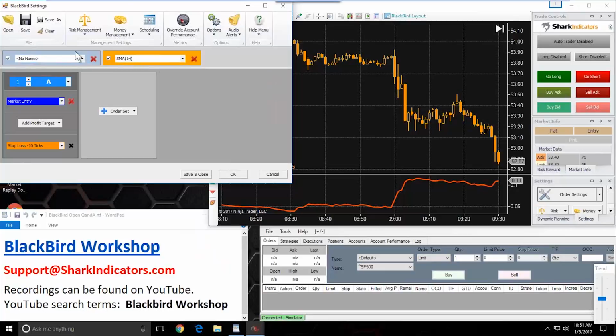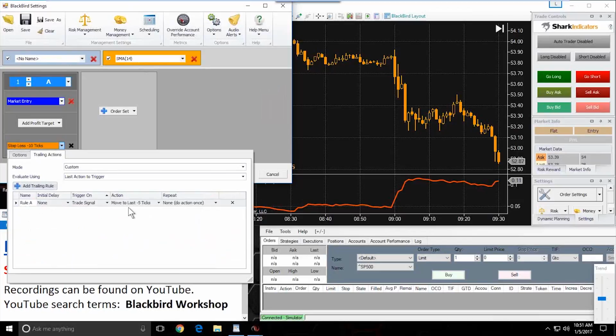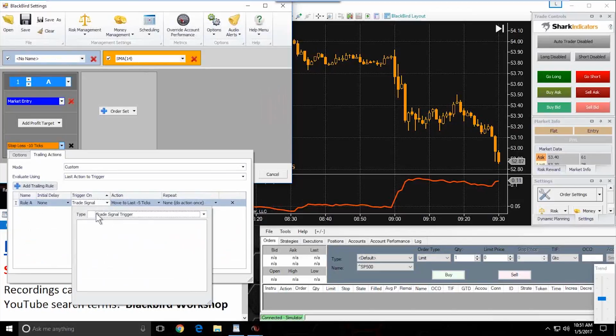If you're using these automated trade signals, then this is the trade signal trigger. Basically, if a trade signal fires off up here, however you have this set up, then that could be a triggering event as well.